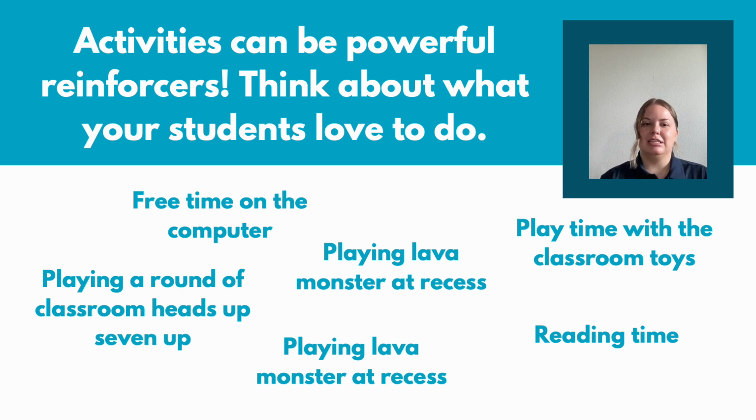So maybe these things could be free time on the computer, maybe it's playing a round of classroom Heads Up 7-Up, maybe it's playing Lava Monster at recess, maybe it's playing soccer at recess, maybe it's playtime with the classroom toys, maybe it's reading time for some. So again, activities can be such powerful reinforcers, and oftentimes they really occur a lot within the day of a student at school.